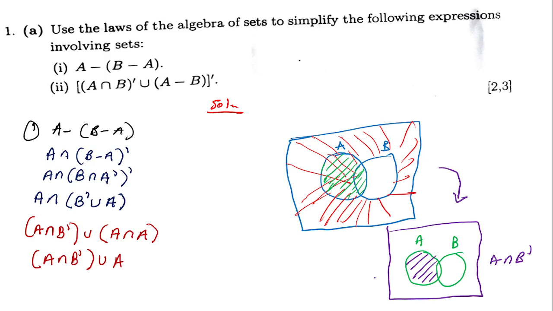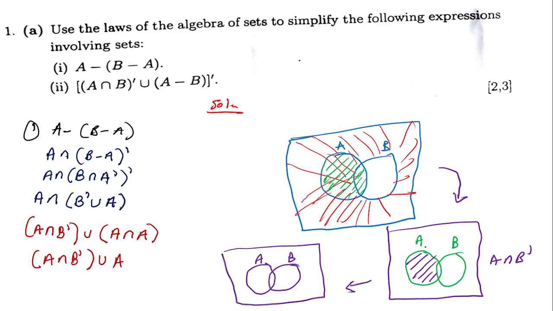This shaded region, A intersection B complement, when you unify it with A, you're simply going to have set A. So the final answer here is A.